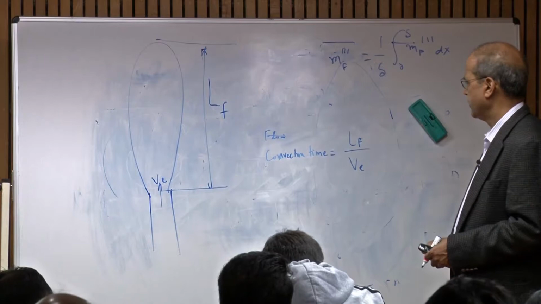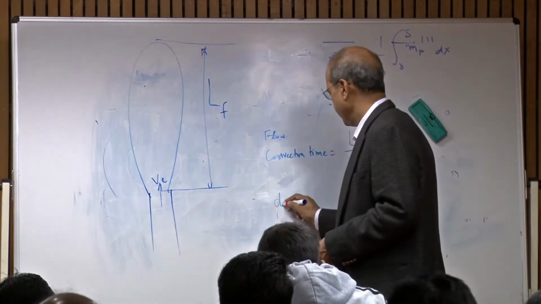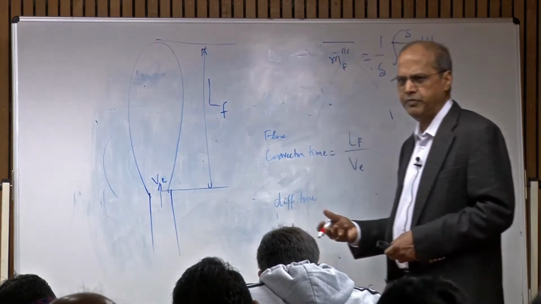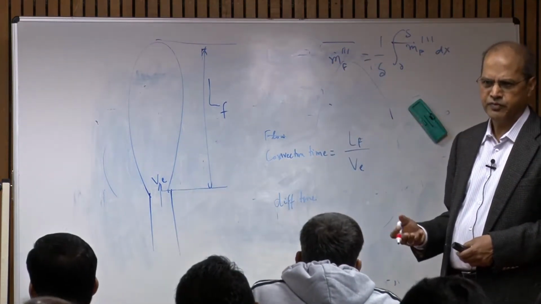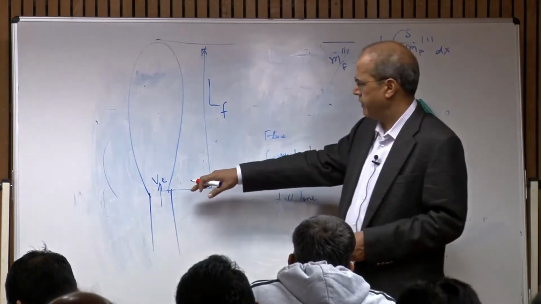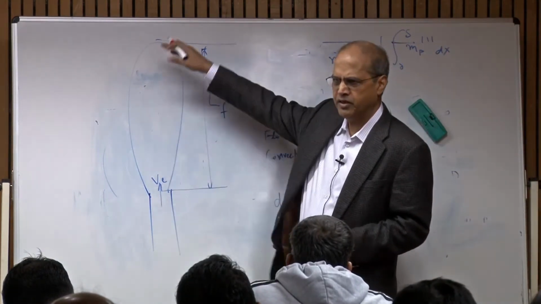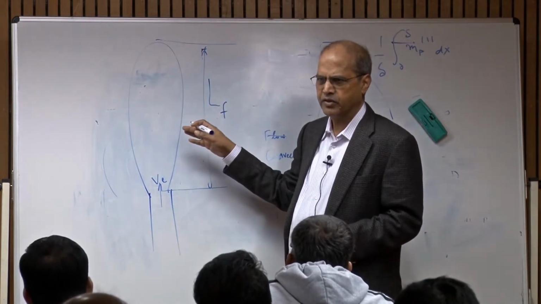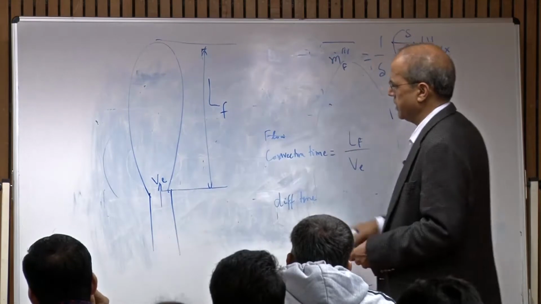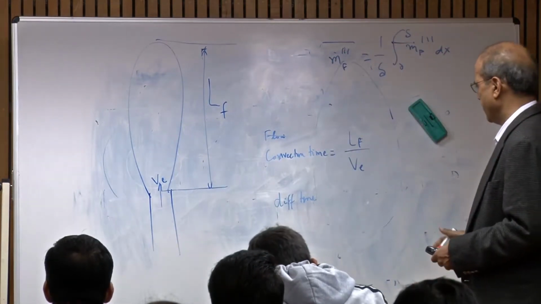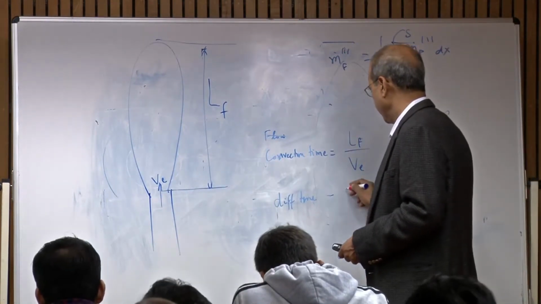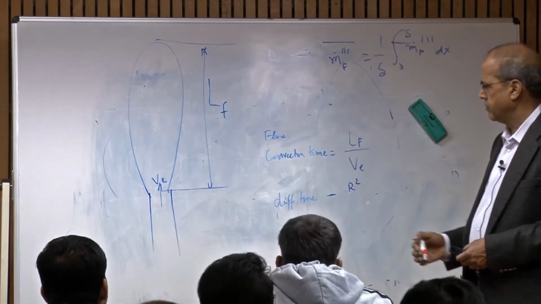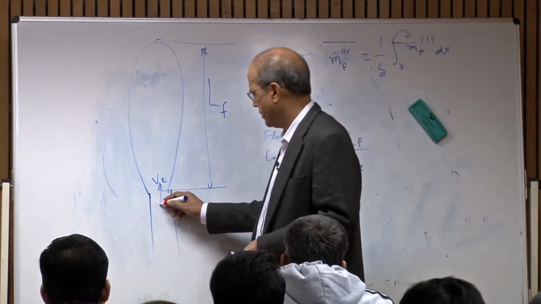Okay. And then you have the diffusion time. Diffusion here means mass diffusion. The convection is primarily in the flow direction, whereas diffusion is in the radial direction. So that determines the radial extent of the flame. So the diffusion time will be R squared, because R is the jet radius here.